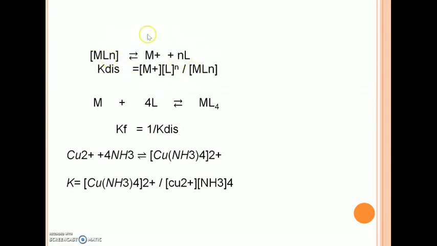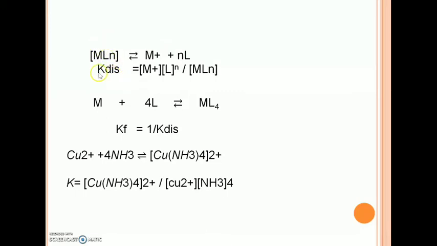Even if the complex is highly stable, there is still a slight extent of this reaction taking place. If the dissociation constant is higher, that means the complex is less stable. That is, the complex gets dissociated into its own ions, so its stability is low. That's why it gets dissociated.